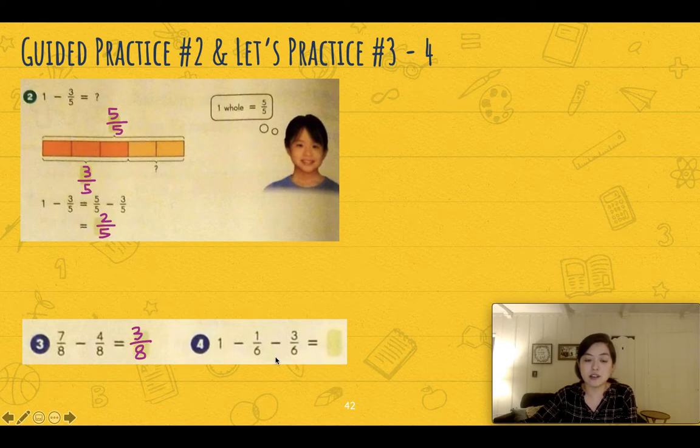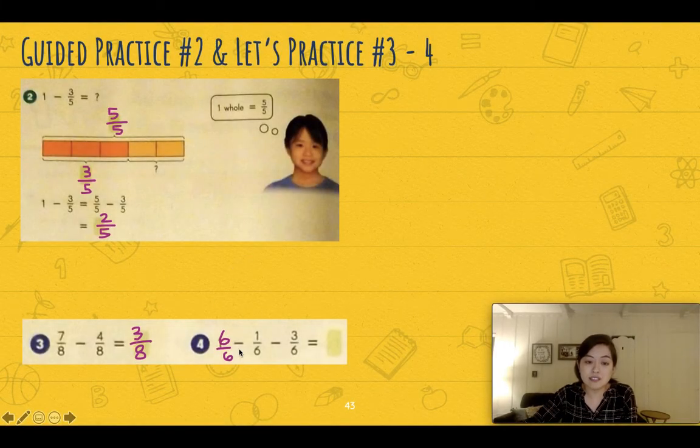Let's look here. We have 1 minus 1/6 minus 3/6 is equal to what? But I want to change this 1 whole into a fraction where the denominator is a 6. Can you think about it? What could it be? Well, it's 6/6, right? 6/6 is 1 whole, okay?